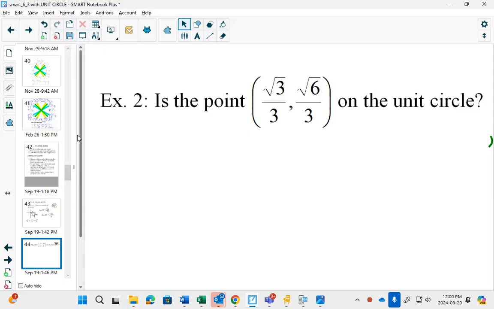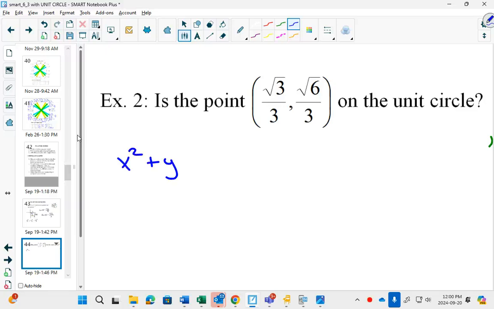So now, is this one on there? How do I find out? Okay. There's a couple of strategies. We could use the equation of the circle, which is also the big idea.